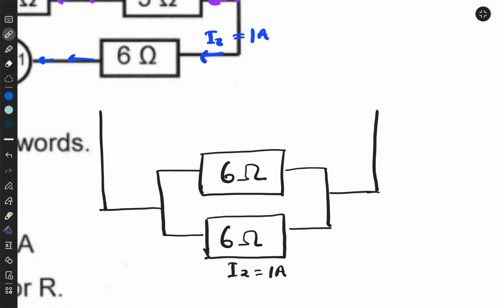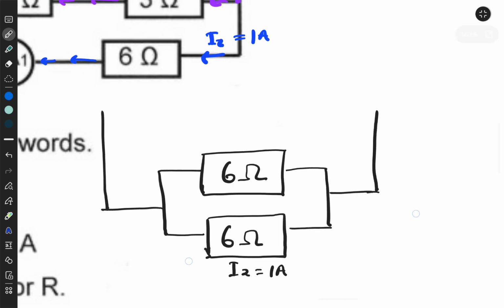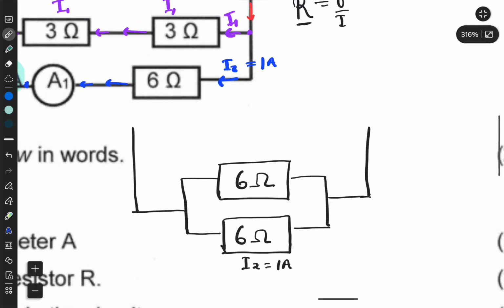In a parallel combination, current divides according to the magnitudes of the resistors. The resistors with the lowest resistance get the highest current, and those with the highest resistance get the lowest current, because current prefers the path of least resistance. What happens if the resistances are equal?